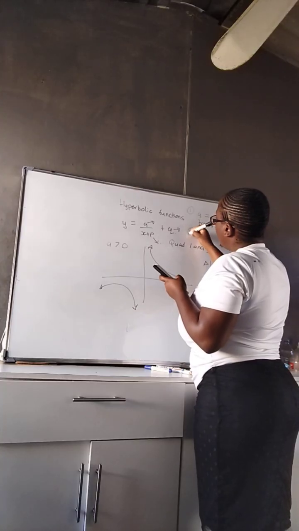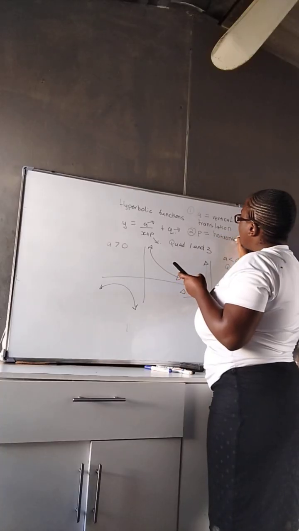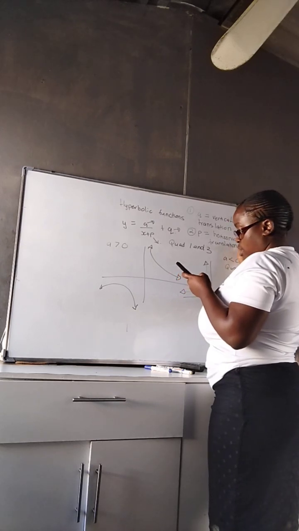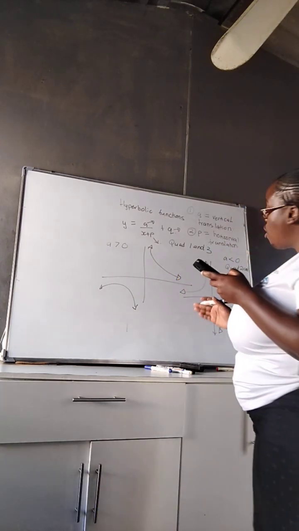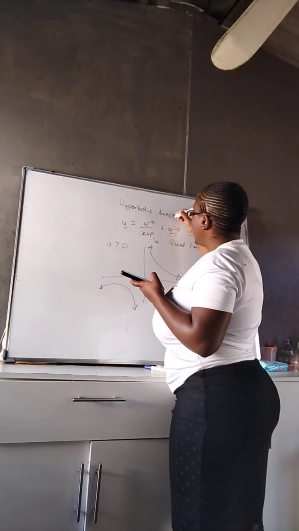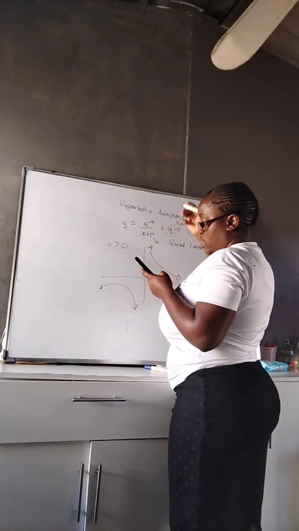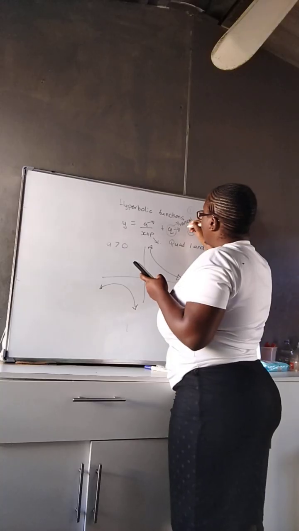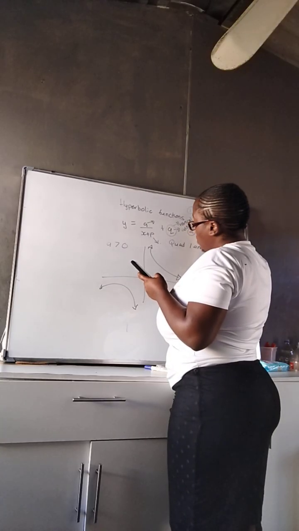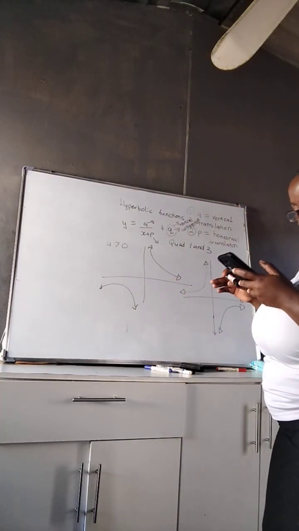Number two, p represents the horizontal translation. What does it mean? So q is all about the vertical asymptote, and then p represents the horizontal asymptote, right?